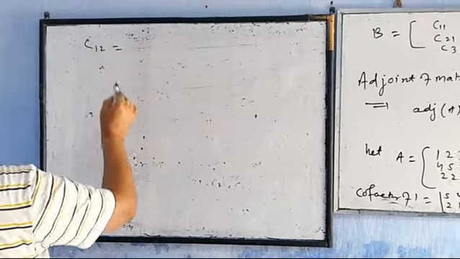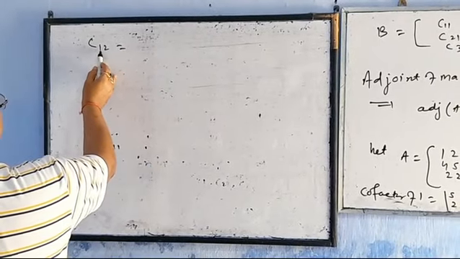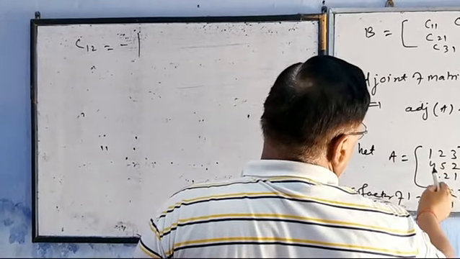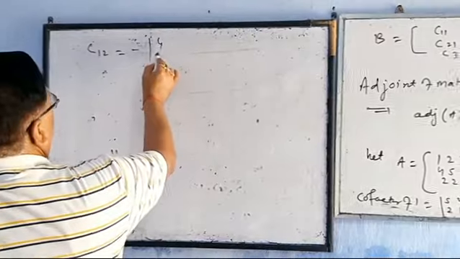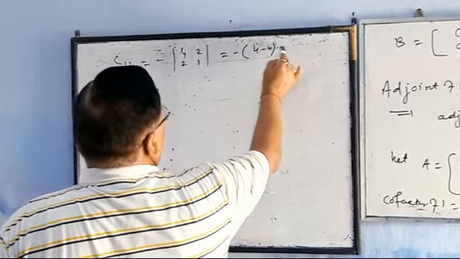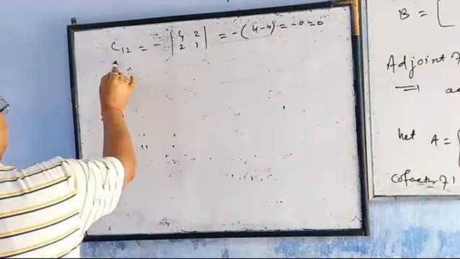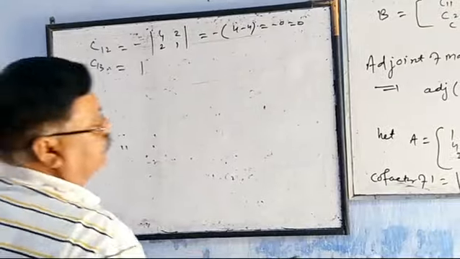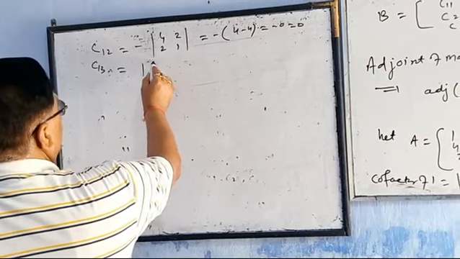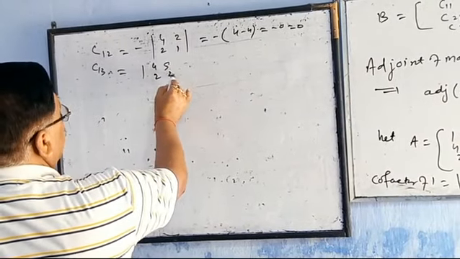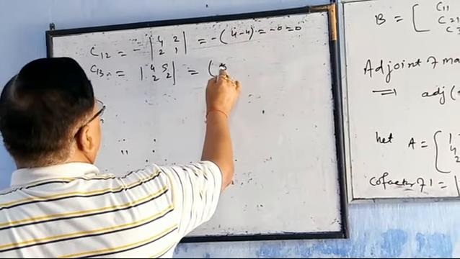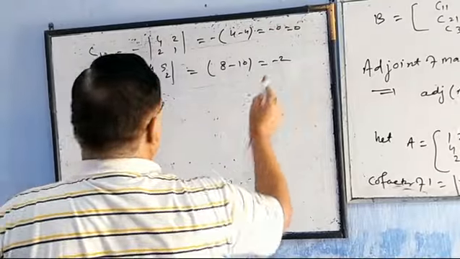Here it is 2 plus 1, which is odd, so the sign is minus. Deleting this row and column leaves 4, 2, 2, 1, so minus (4 minus 4), which is 0. C13, the cofactor of 3: deleting this row and column leaves 4, 2, 5, 2. Here it is even, so positive sign: 8 minus 10, which is minus 2.